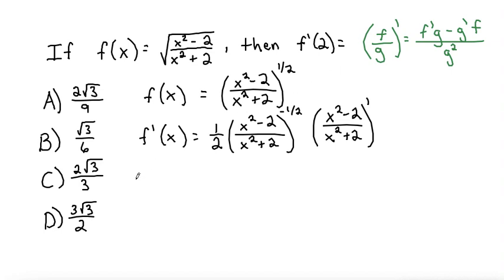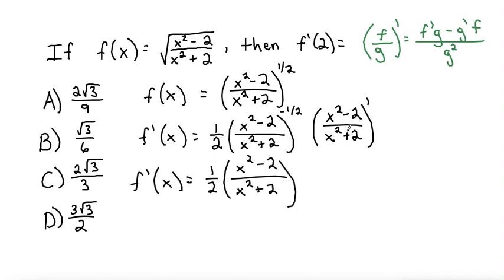So let me rewrite. My f prime of x is equal to 1/2 times (x squared minus 2) over (x squared plus 2). Now I want to take the derivative of my inside function here. So I need the derivative of the top. The derivative of x squared is 2x, and then minus 2 is going to go to 0.